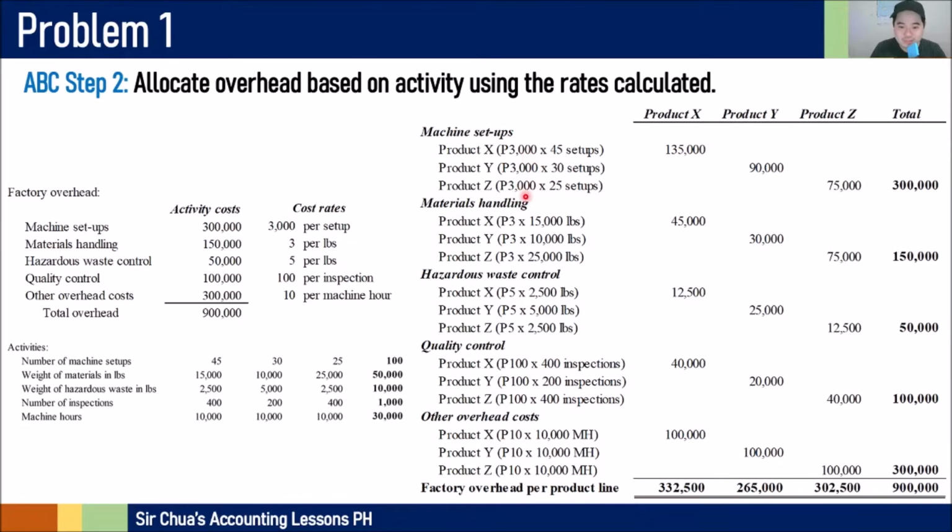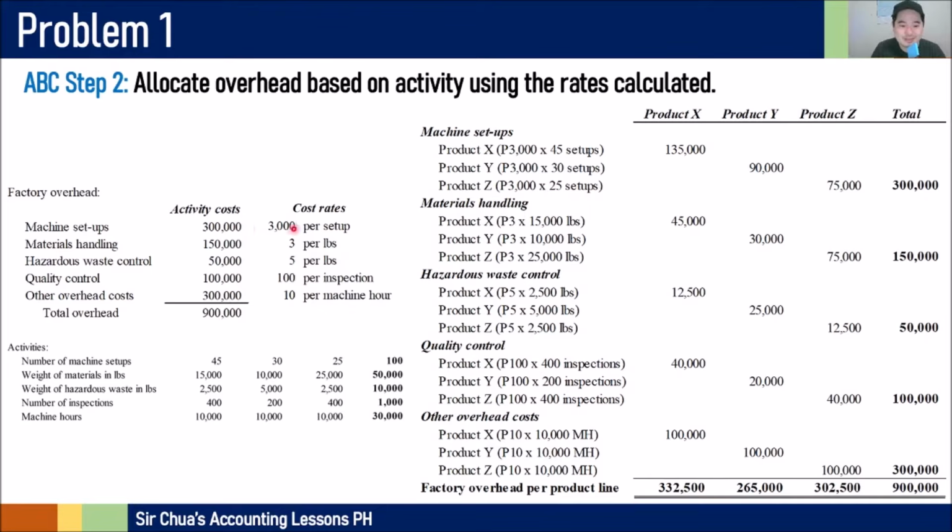Syempre, kung yan yung per setup, multiply mo kung ilan ang setup. Diba? So, 45 setups for X, 30 setups for Y, and 25 setups for Z. You just have to multiply: 135,000, 90,000, 75,000, and that gives you the total of 300,000. Di ba madali lang?